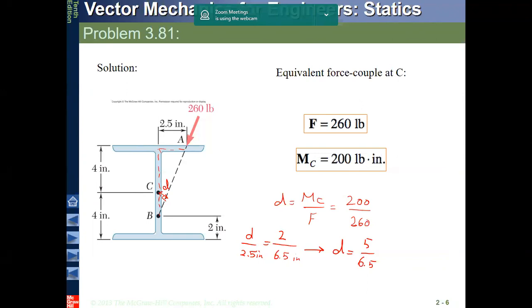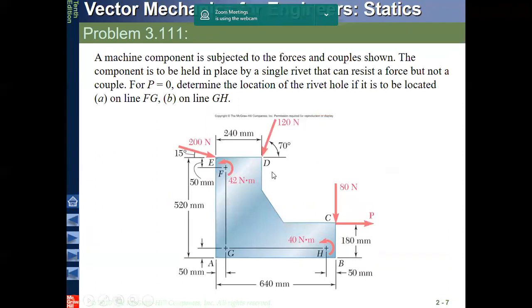So let's go. We have about 10 minutes. As a practice for your midterm, I give you some time to solve this problem. We have an irregular component with multiple forces acting on it.